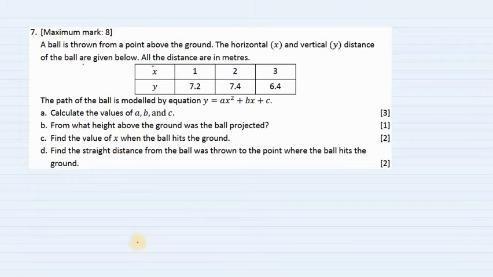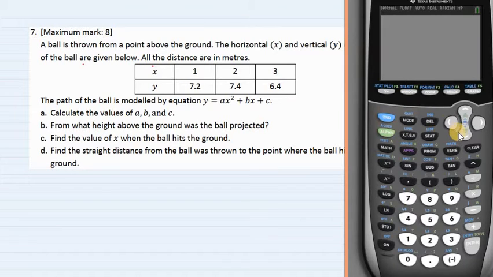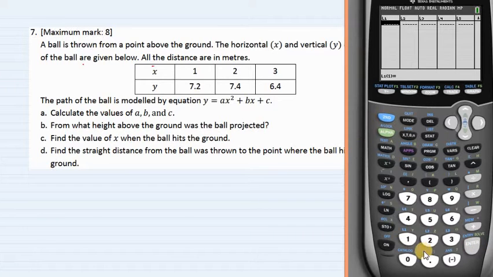Now we have two ways. The first way, we can just use our calculator, if you are an AI student. You just open the stat, edit, and then we input the values. The L1 is the x, so 1, enter, 2, enter, 3, enter, and then we have the L2: 7.2, enter, 7.4, enter, 6.4, enter.